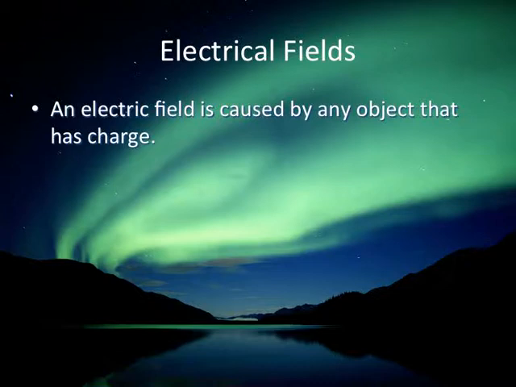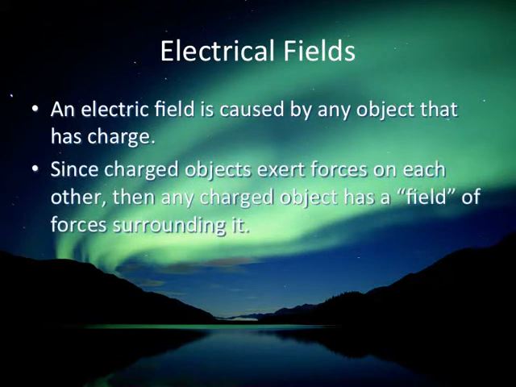I don't just mean, oh, this object has an electron on it, so it must be charged. I mean an object that has a net charge. And since charged objects exert forces on each other, then any charged object has a field of forces surrounding it.